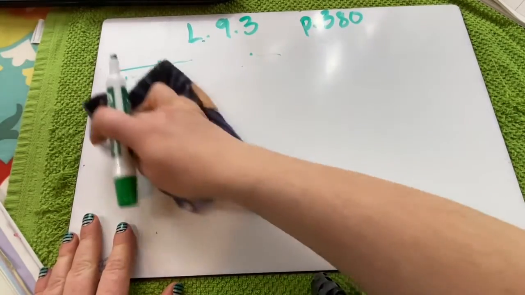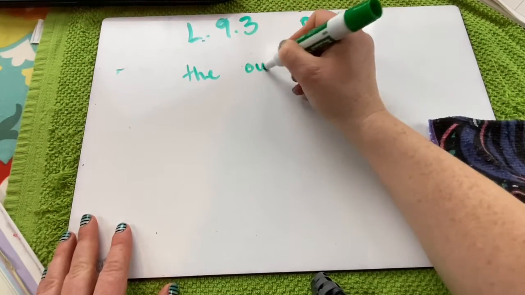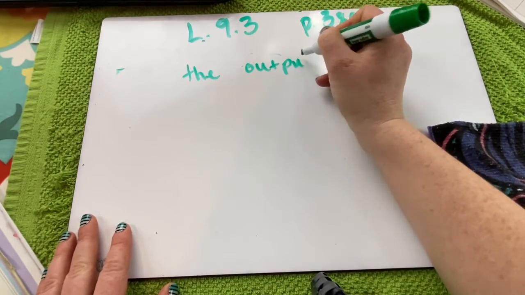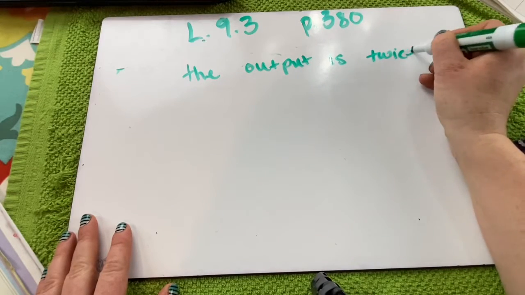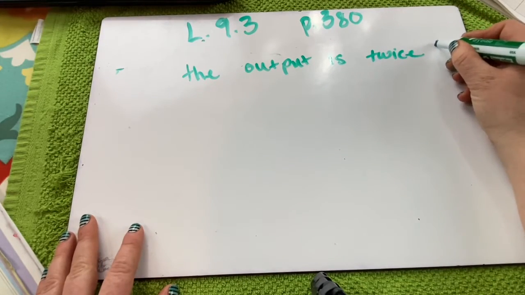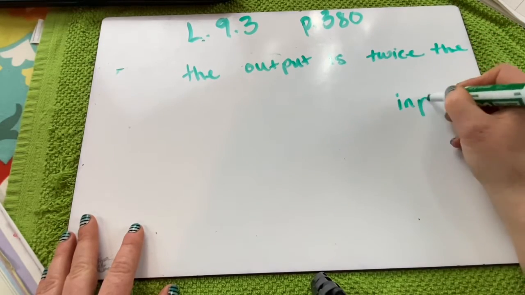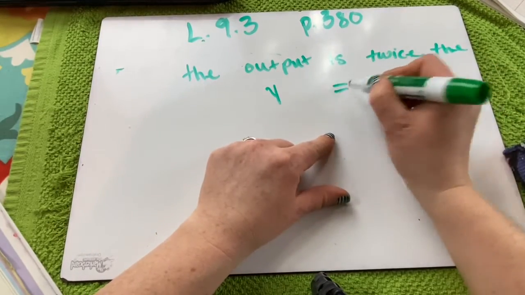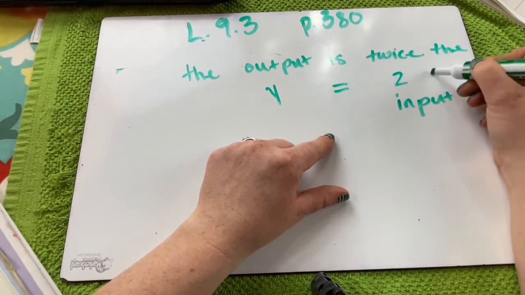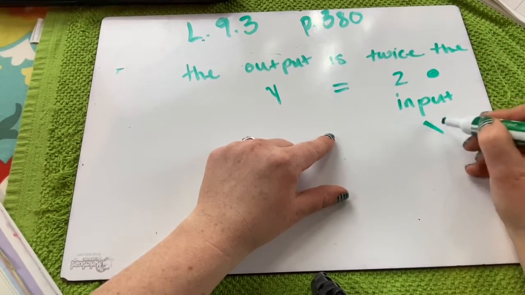And they're going to give you the equation that looks like this. The output is twice the input. Okay, so the output is y. Is equals, twice is times 2, the input.